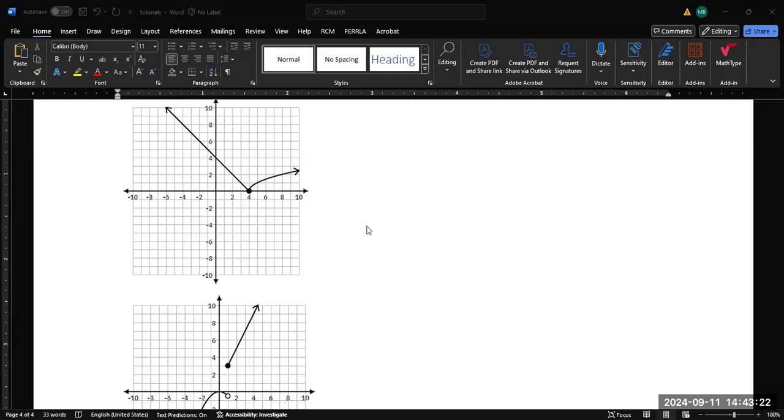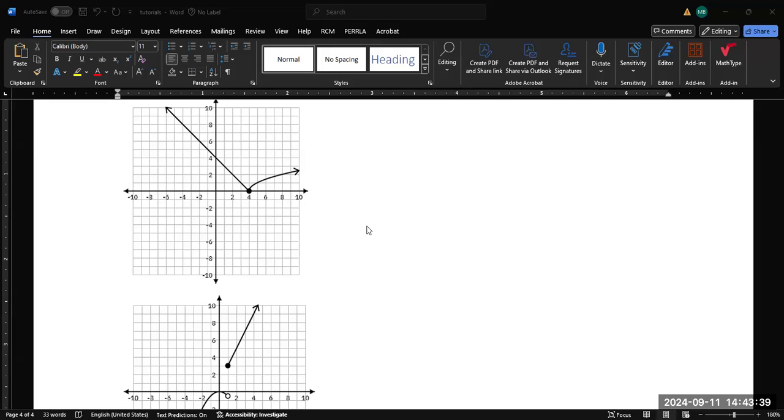So that's something that's very important, because even though it is not technically completely wrong to write multiple intervals with unions between them, it is mathematically inelegant, and you will usually get marked wrong for doing that.